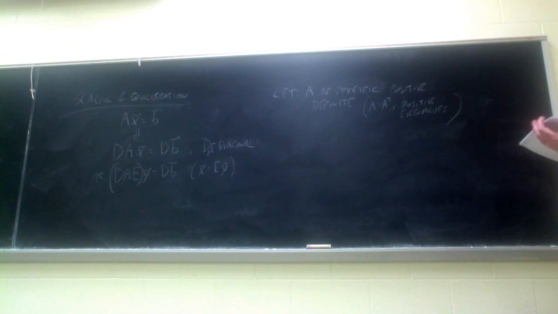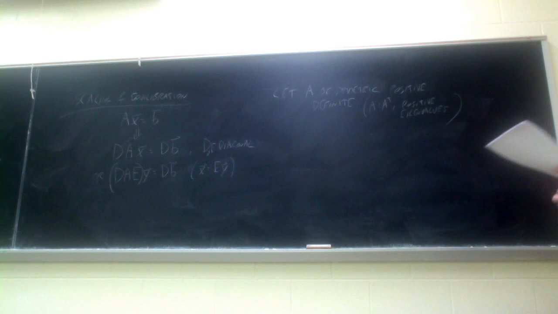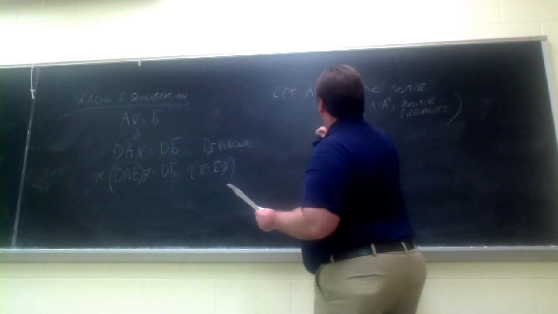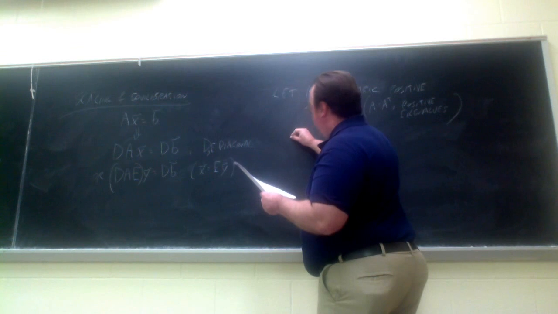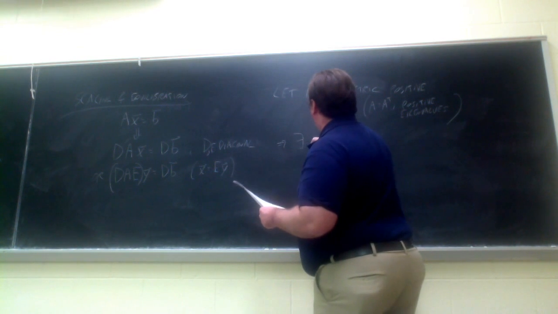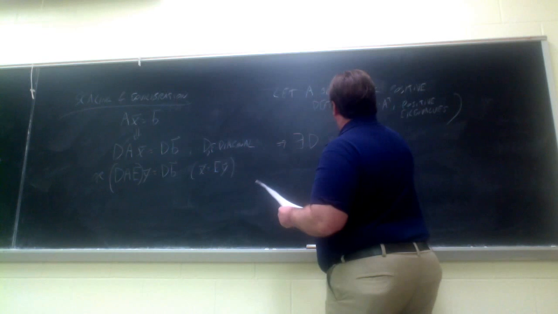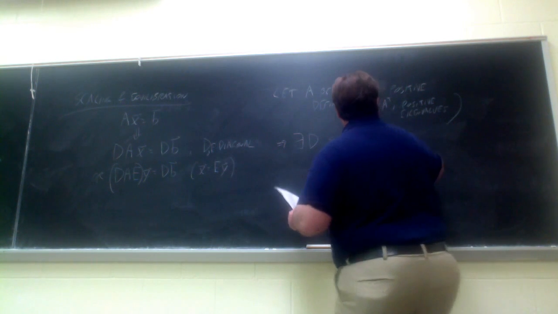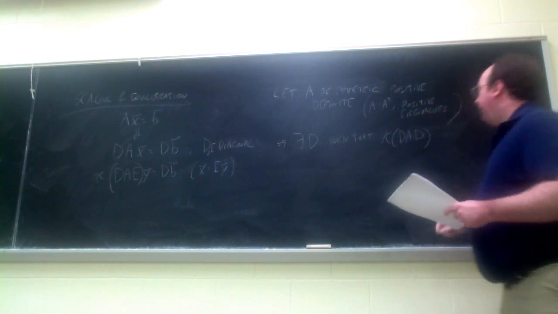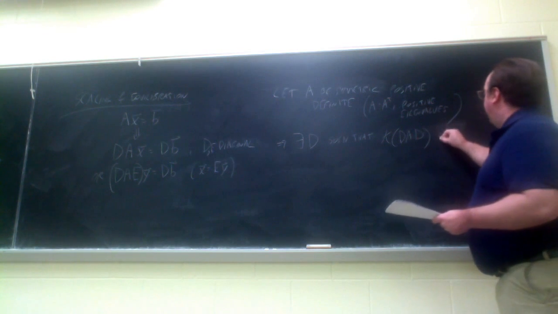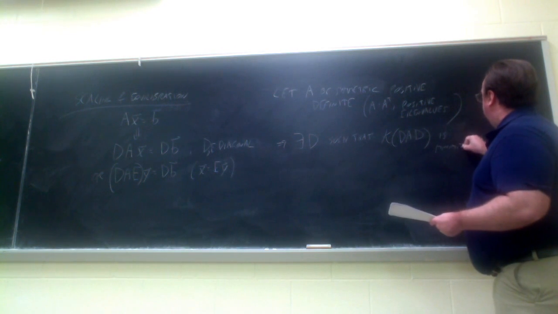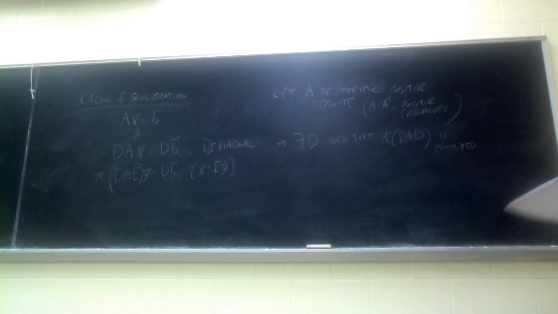In this situation, there exists a diagonal matrix D such that the condition number of the resulting matrix DAD is minimized. That doesn't necessarily tell you what that diagonal matrix is. The point is, it can be proven that such a diagonal matrix exists, and you can make the condition number as small as possible. And at least the expense is minimal.